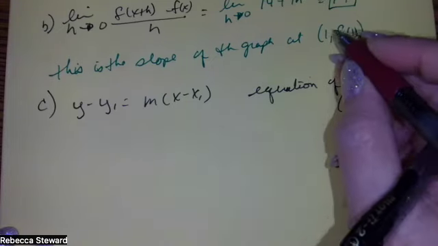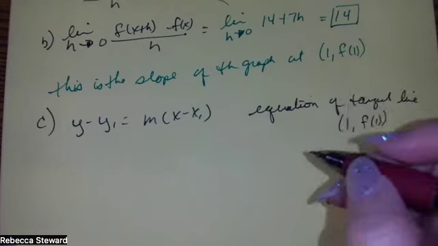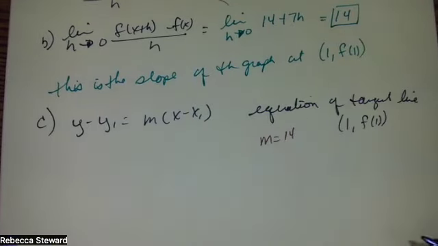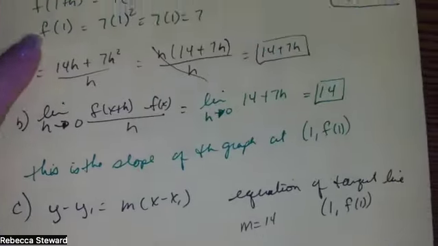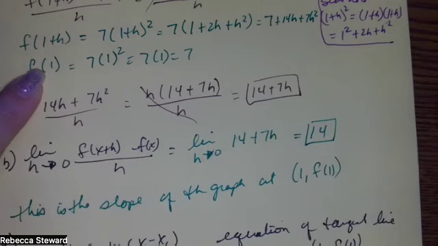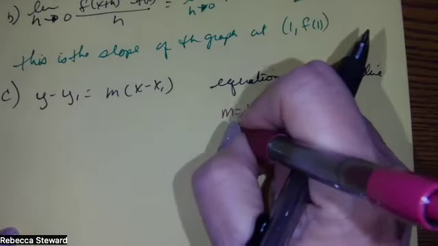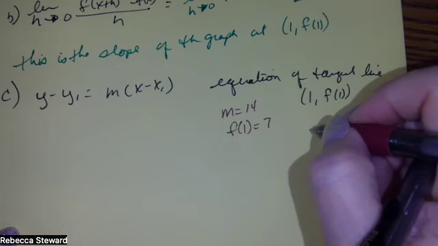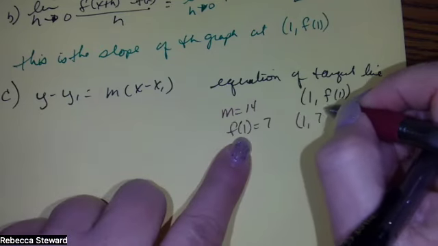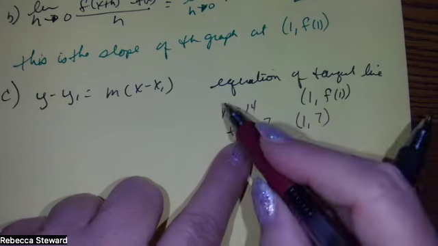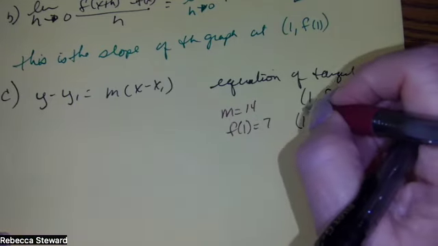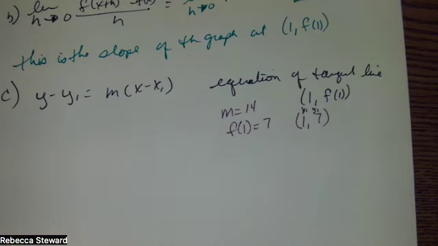Our m is 14 from part B. And from part A, we found right up here that f at 1 is equal to 7. That gives us a point: x being 1, we get a y value of 7. So that gives us our slope, and this will be our x1, y1 that we can plug in.